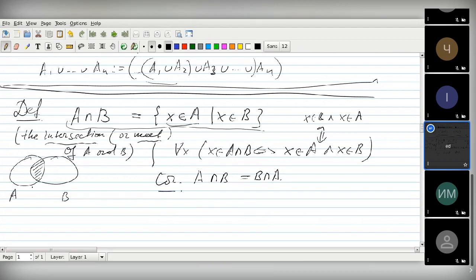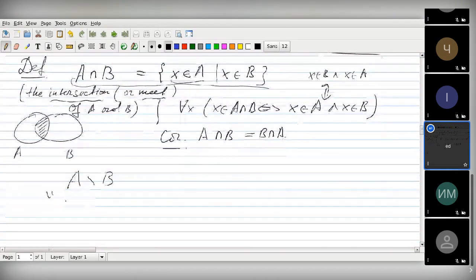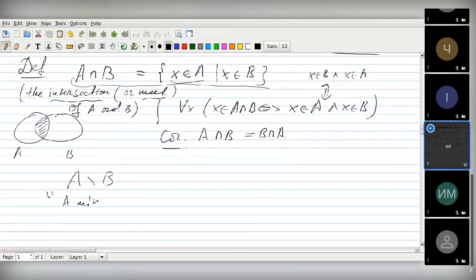What's next? Another operation is set difference or set minus, A minus B. What is it? The same idea in defining it.